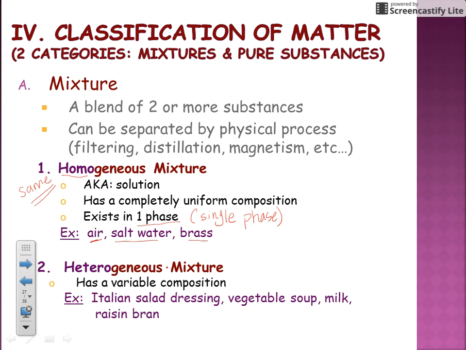And we have a heterogeneous mixture. The prefix hetero means it has a variable composition or a different. You see the different parts of it very clearly. Heterogeneous mixtures will separate upon standing.